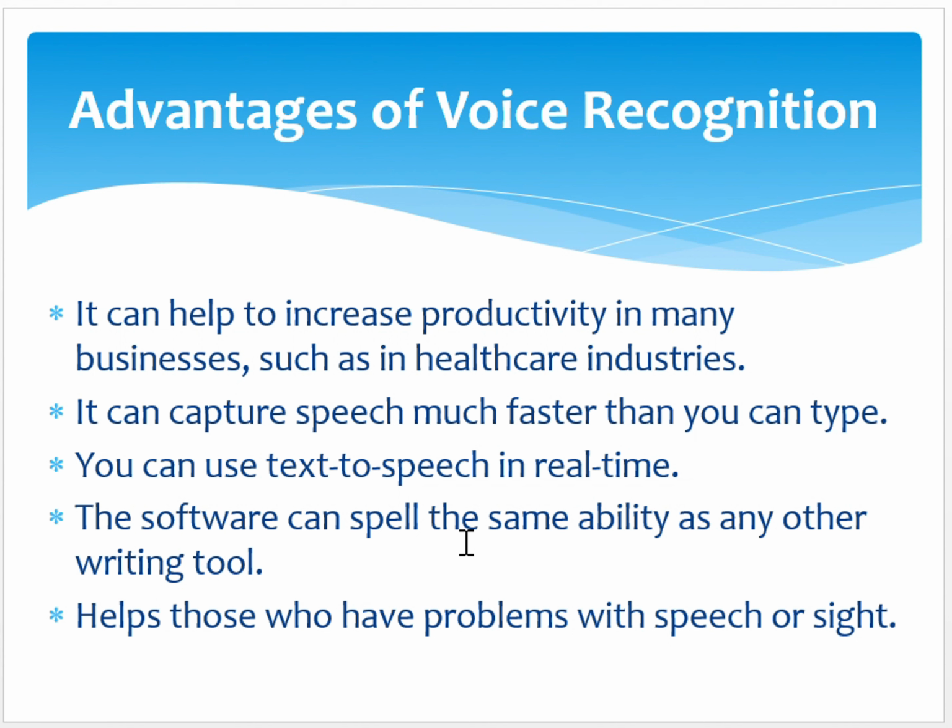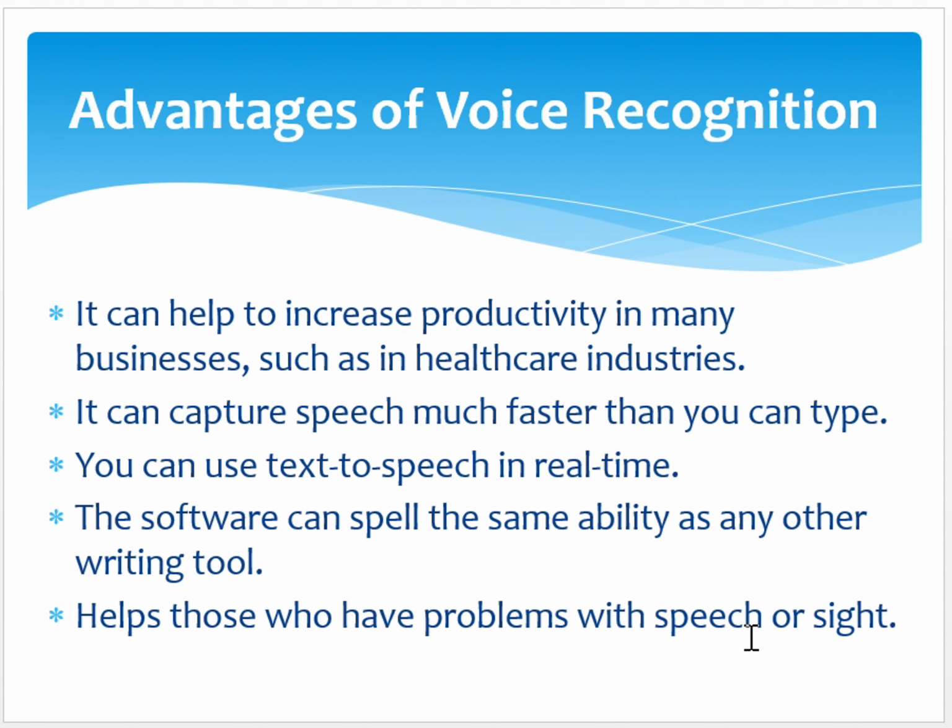You can be giving it signals and it talks to other people on your behalf. If you also have sight issues, it can assist you in monitoring the environment for you and giving you signals of what is ahead of you. So sight recognition can assist people with sight issues.